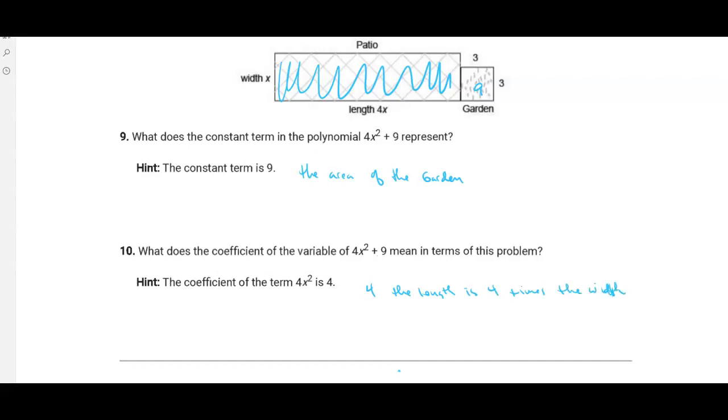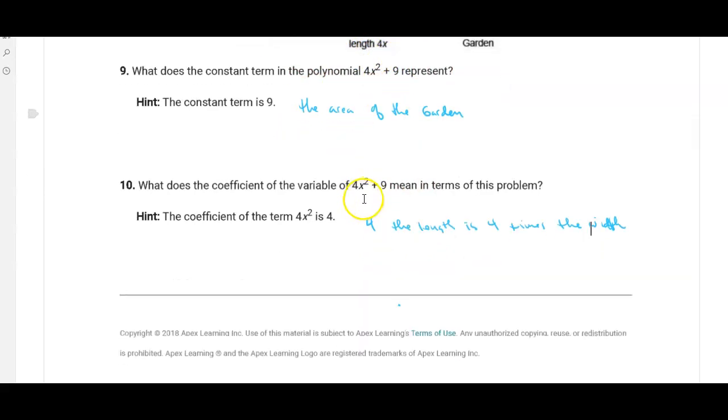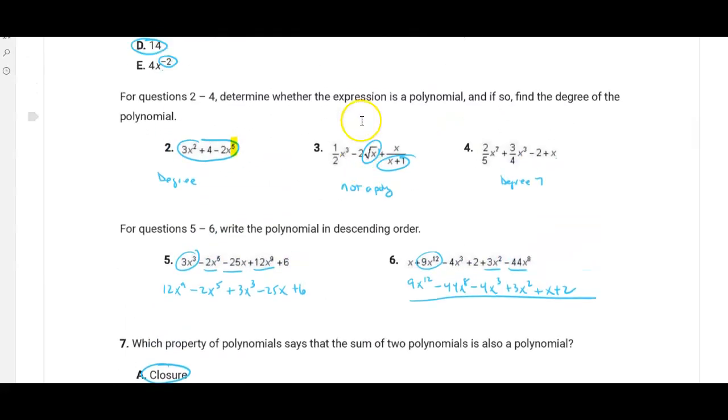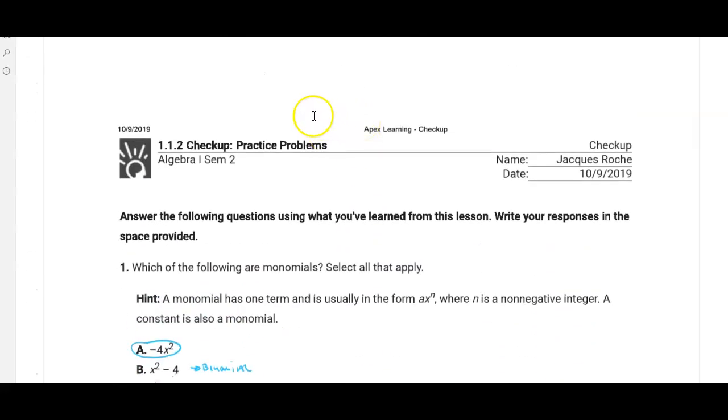Okay, so when we find the area of a rectangle, we multiply the length and the width. So it's basically telling us the length is 4 times whatever the width is. Okay, so this should give you enough to get started and try the quiz. If you have any questions, let me know.